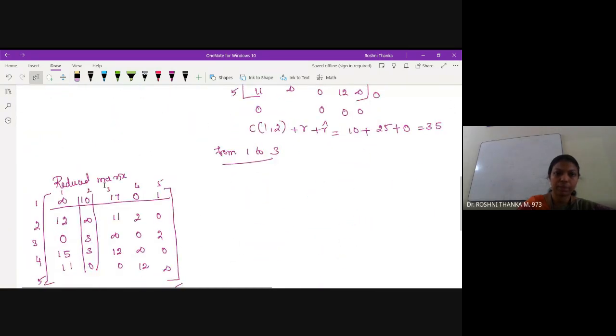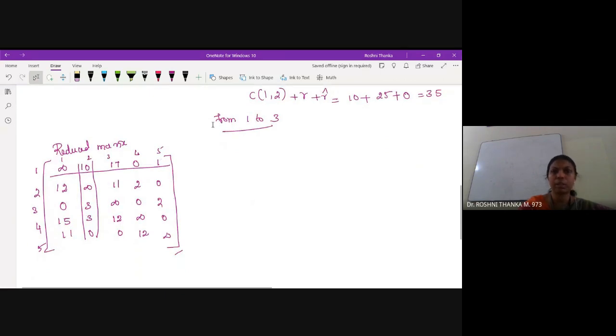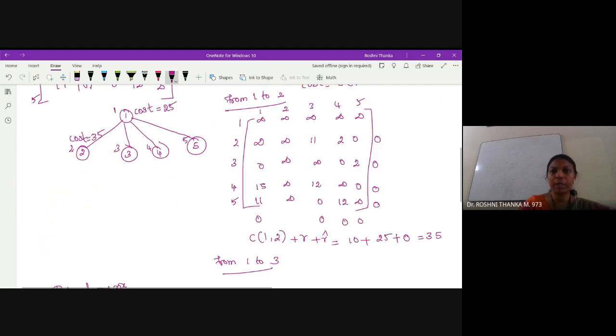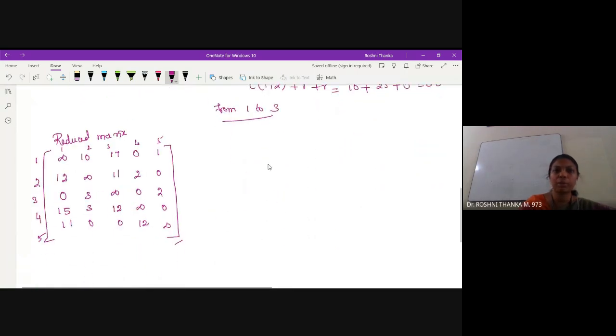This time we have to move from 1 to 3. So as usual, how we did here, the first row and the second column completely made infinity. In this case, the first row and the third column should be made infinity, right?